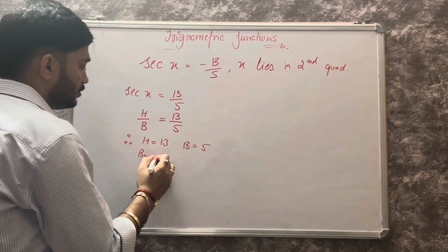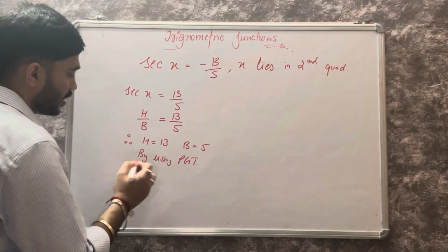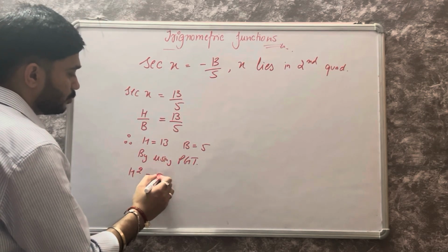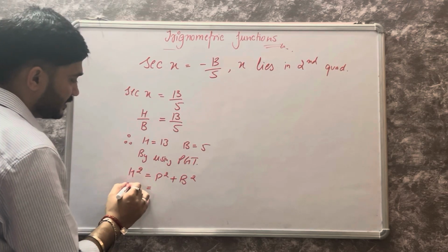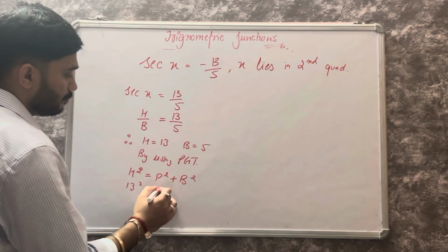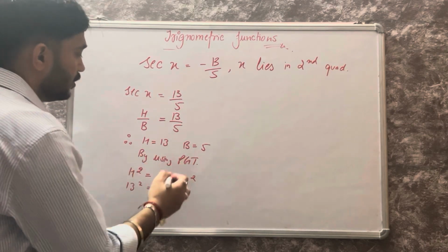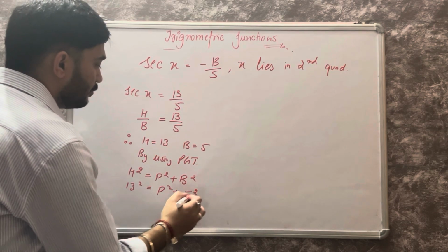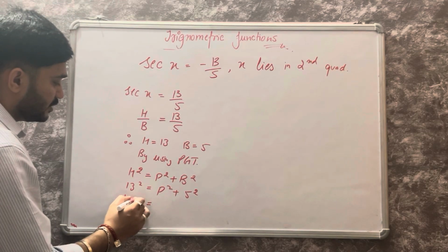By using Pythagoras theorem, h square is equal to p square plus b square. H is 13, 13 square. P value we don't know, it will act as a variable here. The value of b is 5, 5 square. 13 square is 169.